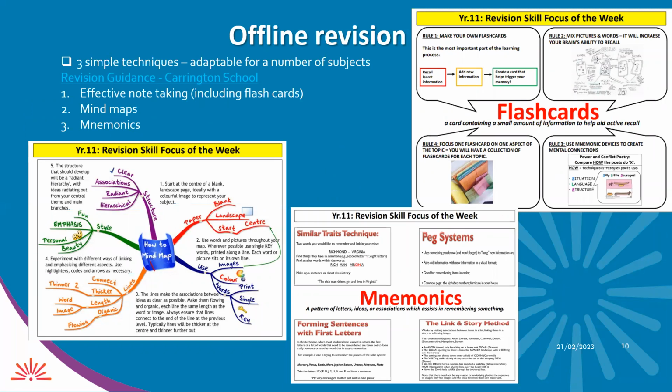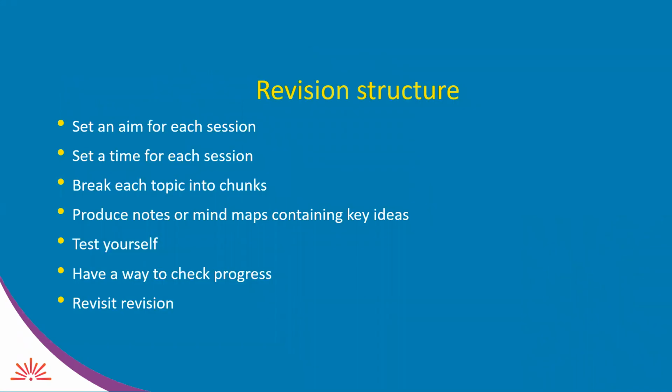For offline revision sources, because some students like textbooks or revision guides, we will look at effective note-taking, which includes flashcards, mind maps and mnemonics, because they are the sorts of techniques that cover a wide range of subjects and all students can do. And I think most students' default form of offline revision is flashcards.